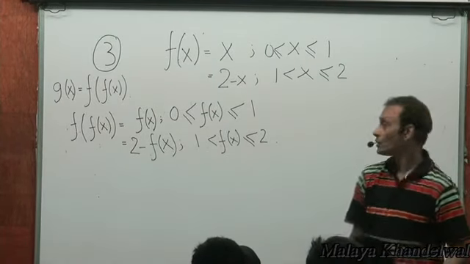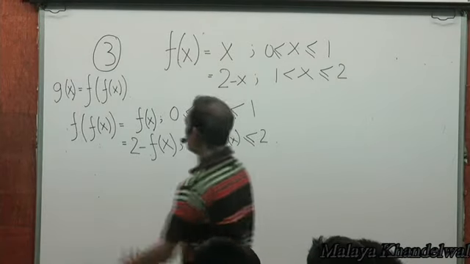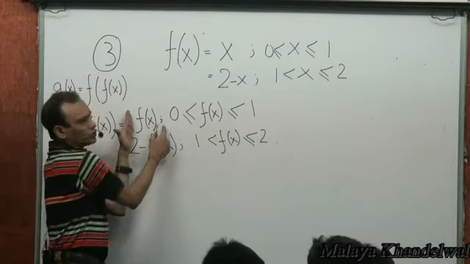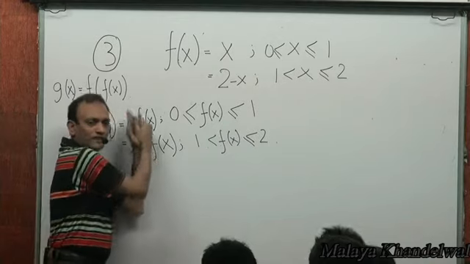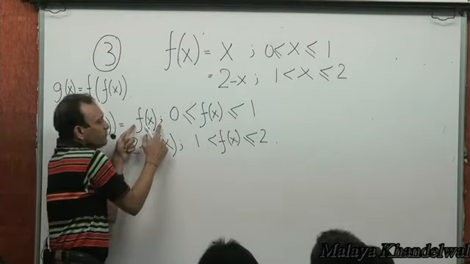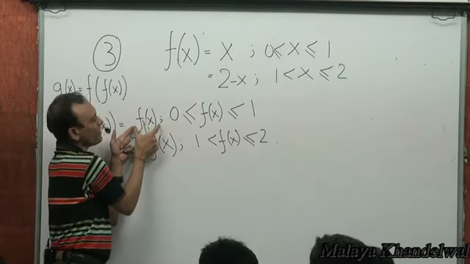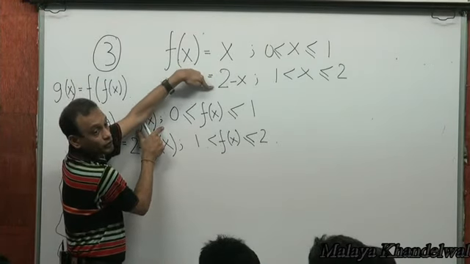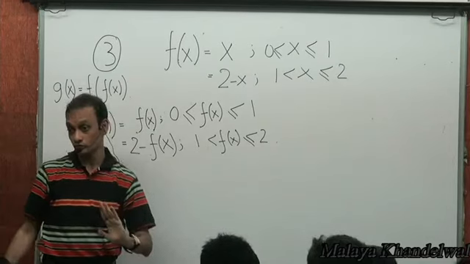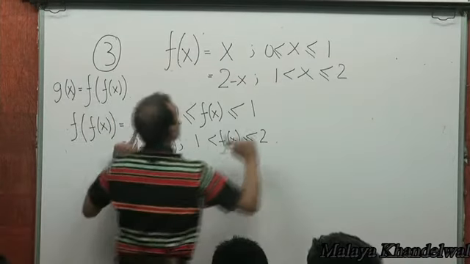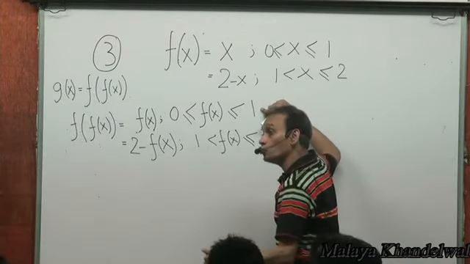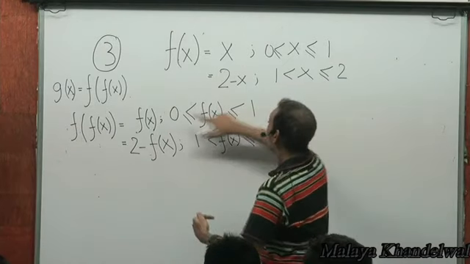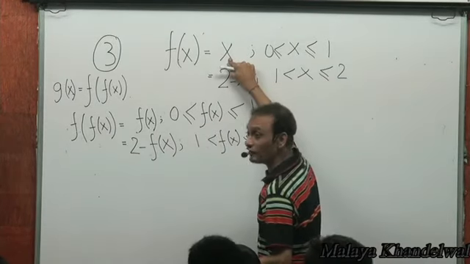Now, look at this, there are two lines of description here. In the first line of description, this f(x) could either be x or could be 2 minus x. Yes or no? That means, for this, I'll have to look at two further lines of description. One line of description commensurate with f(x) equal to x.